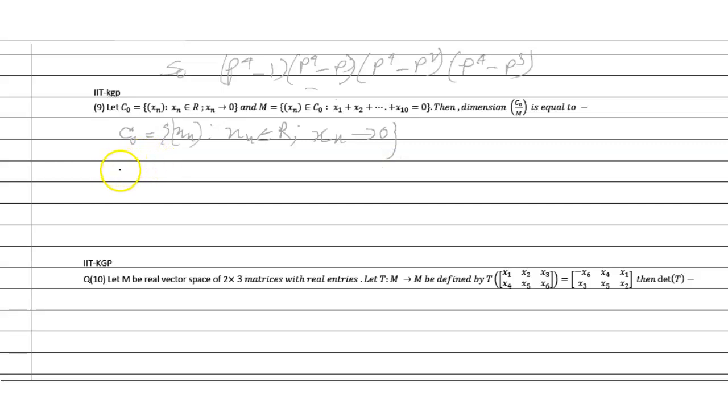So the dimension of C0 is equal to C0, and the dimension of M is equal to C0 minus 1, and the dimension of C0 by M equals C0 minus C0 plus 1, is 1.